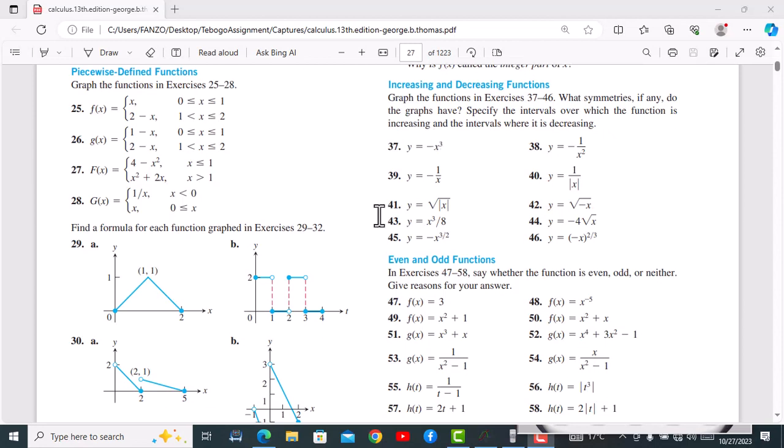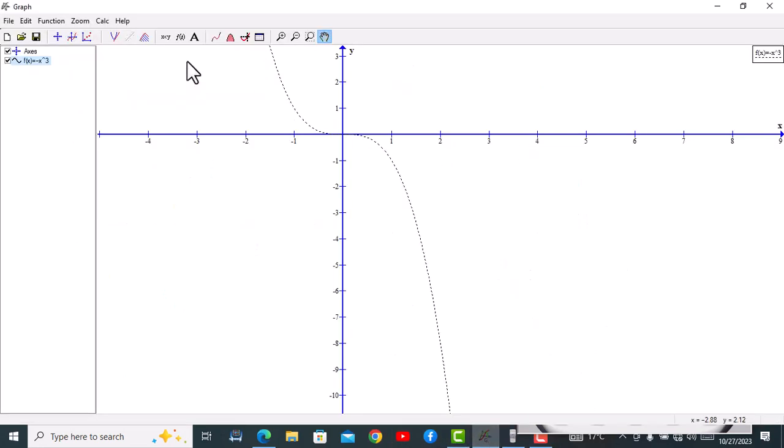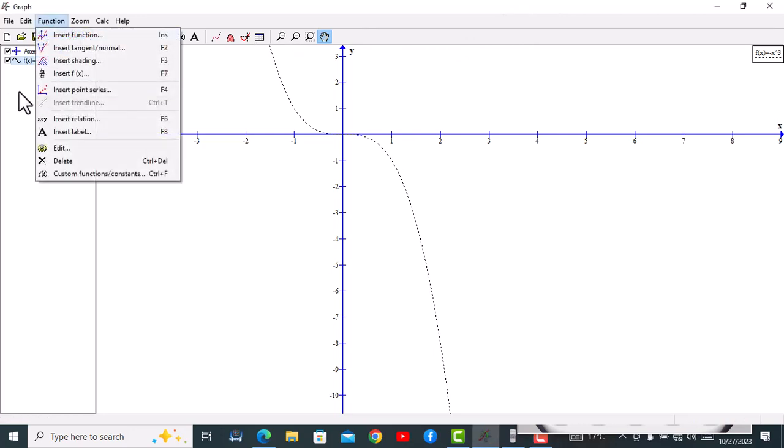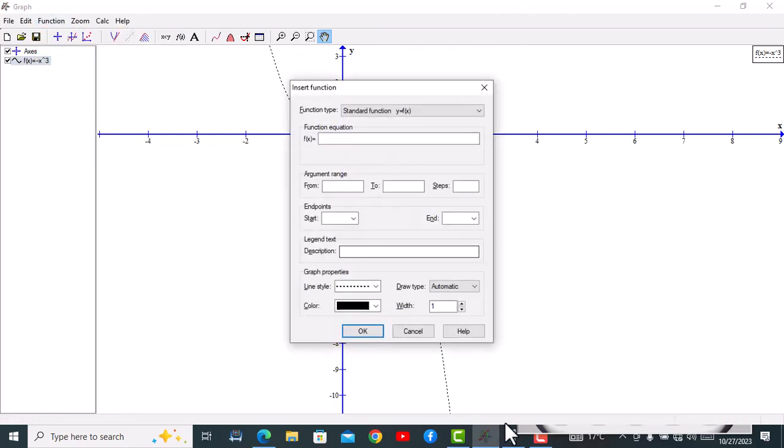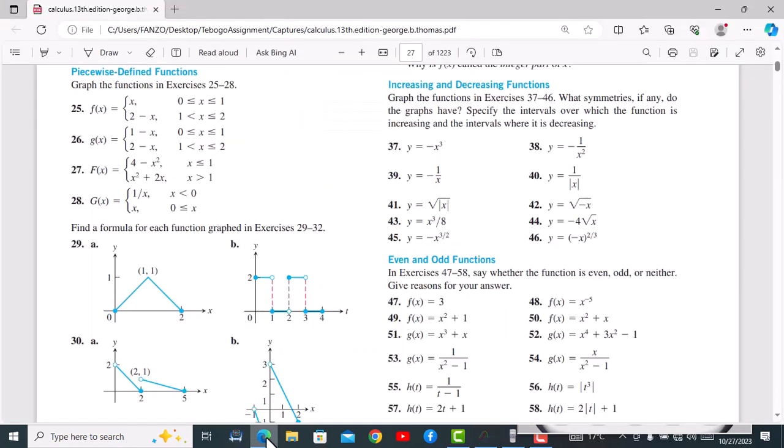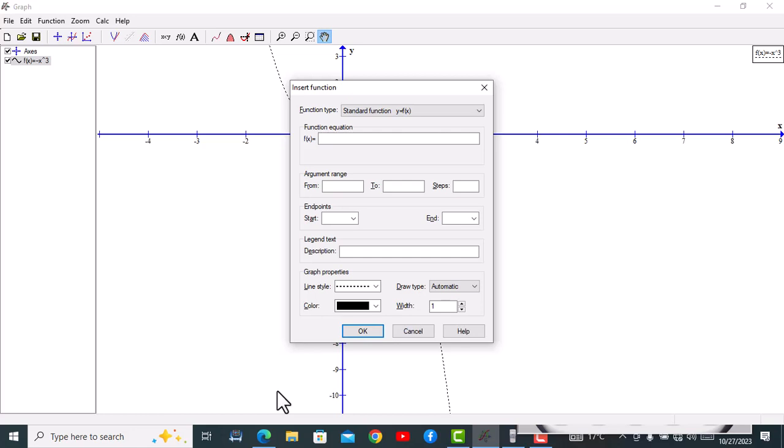Okay guys, let's continue. I remember we ended up in this one, so let's try to investigate this one. So this is just y. Let me just try to put this on the side. So let me just try to draw that one, and remember it's y equals minus 1 over x squared.